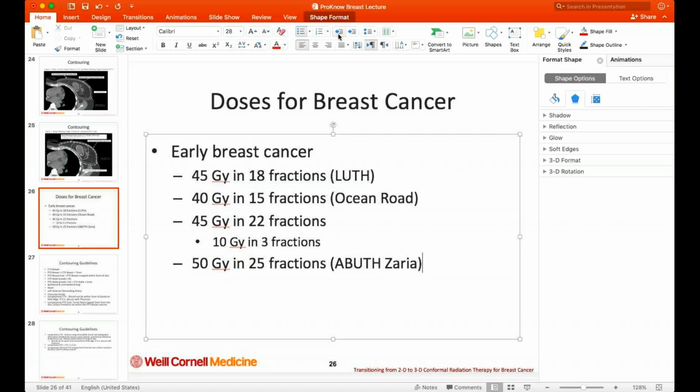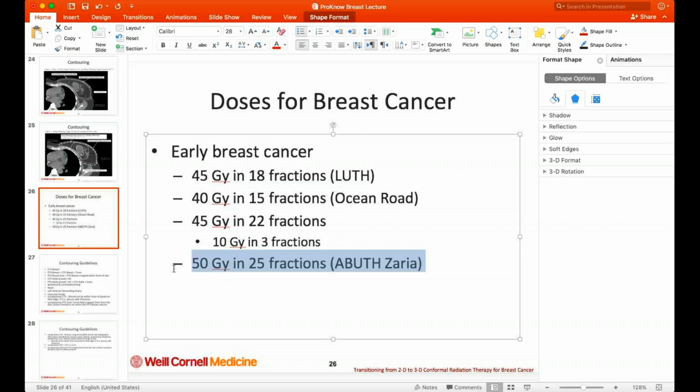All right. Thank you all for speaking up. There are a variety of ways that people treat early breast cancer. I think 50 gray in 25 fractions is a common traditional way that people treat, very widely accepted.